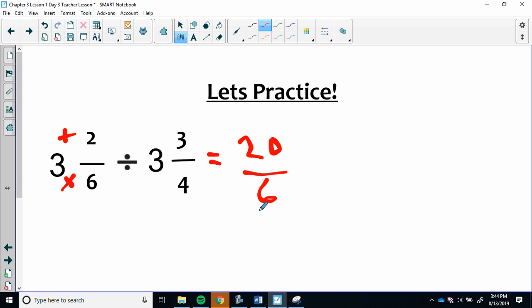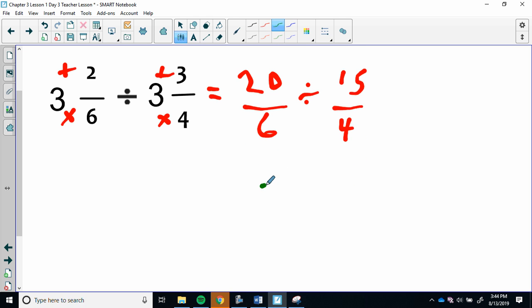Keep in mind, I'm not changing it to a division problem yet. 3 times 4 is 12, plus 3 is 15, over 4. So now that we have two fractions, let's switch it. 20 over 6, and we change to a multiplication problem. We do 4 over 15.